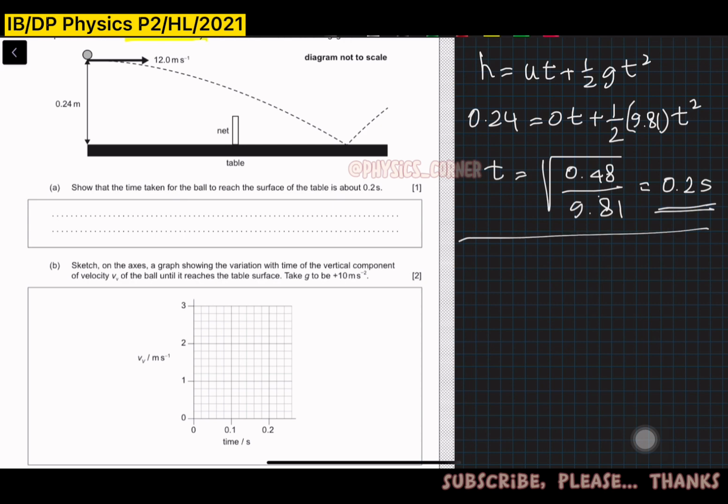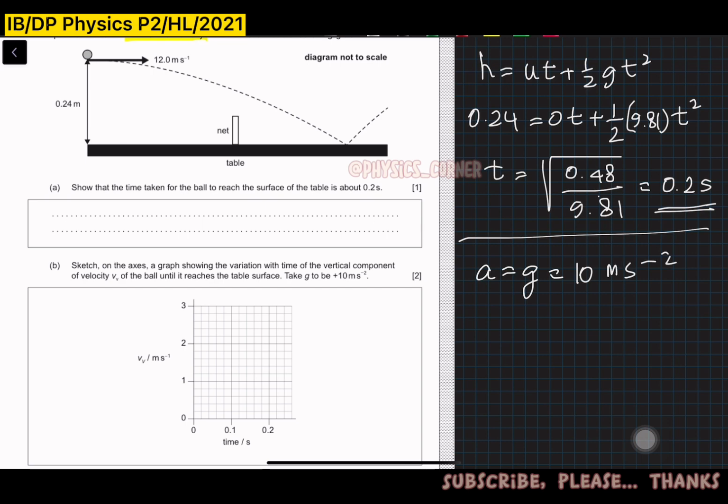We use a formula. This is for the vertical component of velocity vv. On the vertical they have acceleration from gravitational acceleration, which is about 10 meter second minus 2.